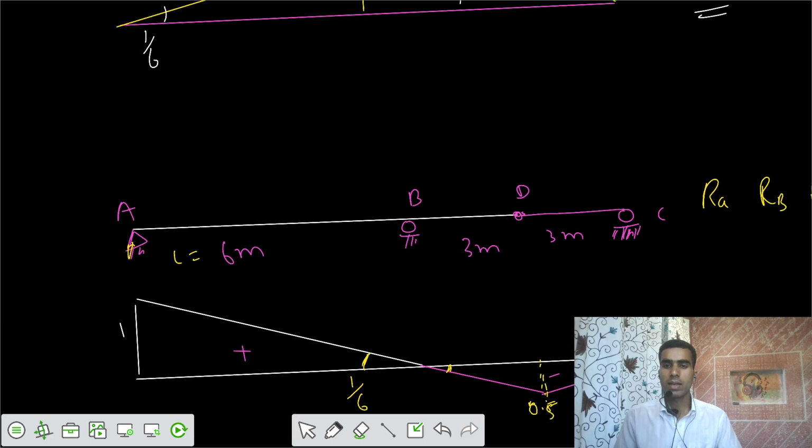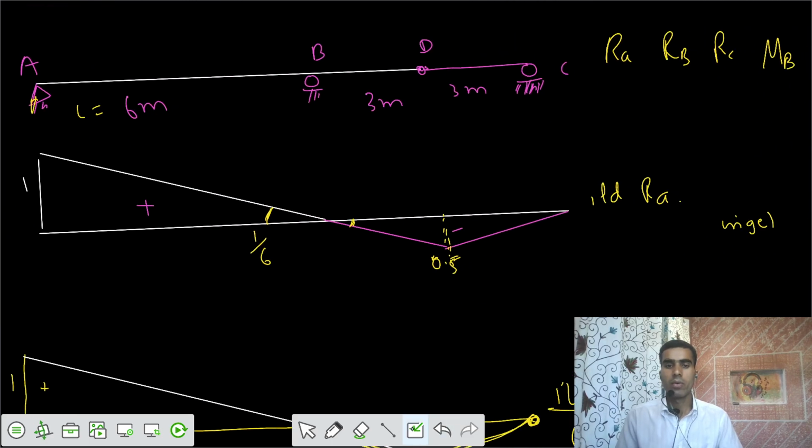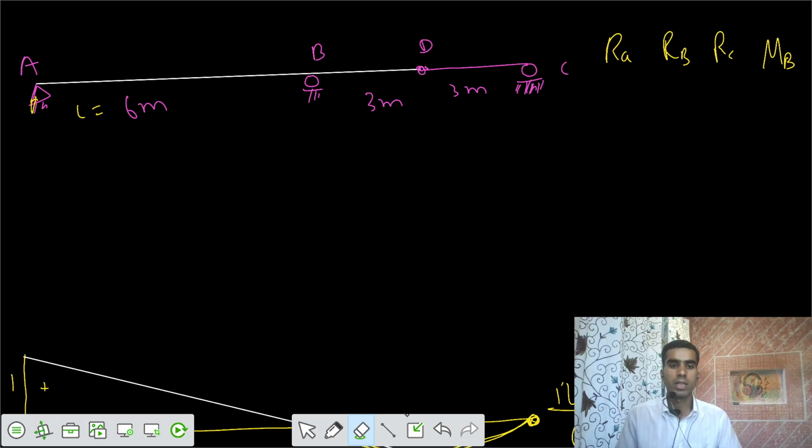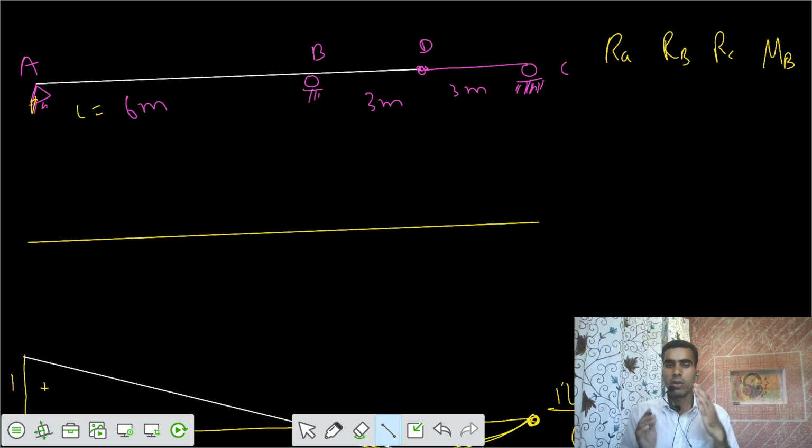Now the third one is reaction at C. Let's say this is our reference line. Now you apply unit displacement at point C. This is 1 unit.